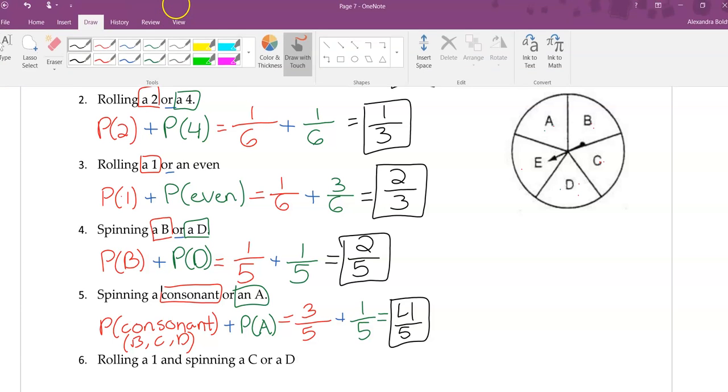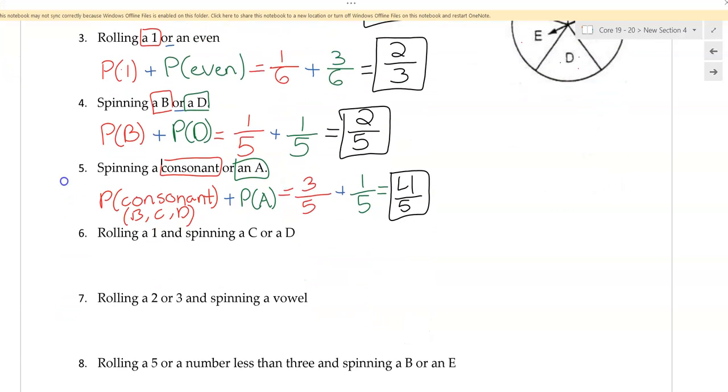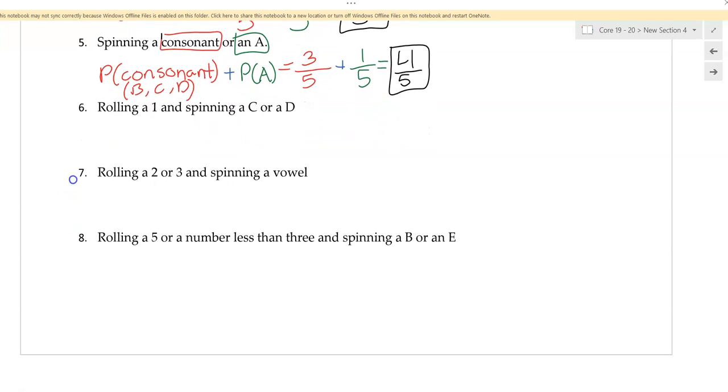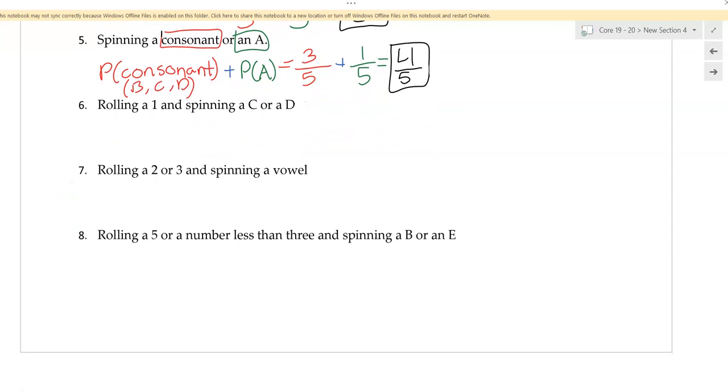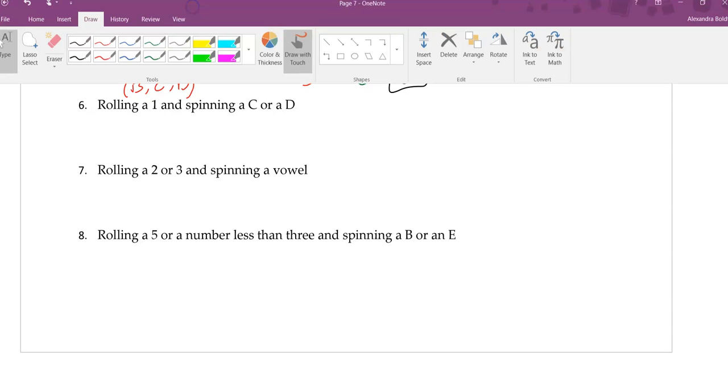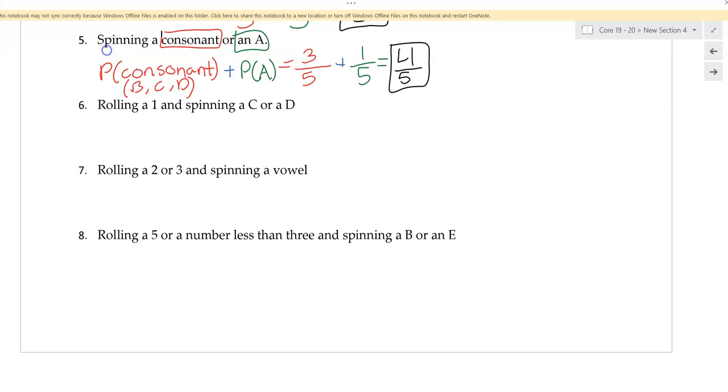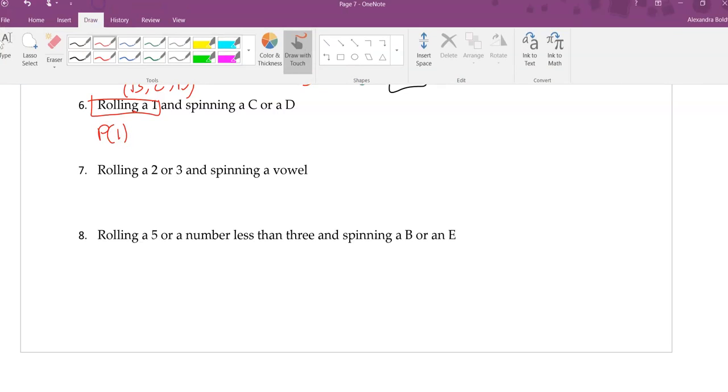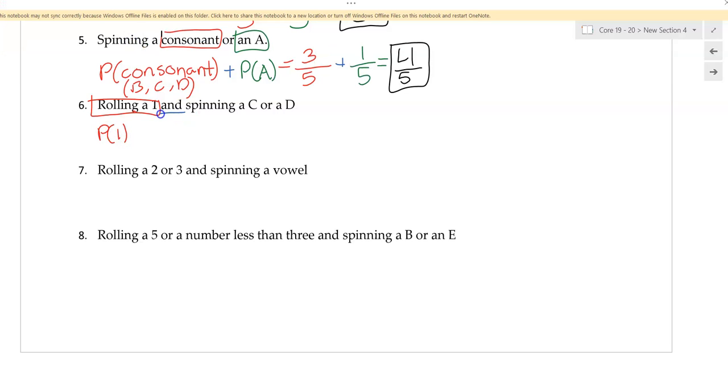All right, number 6 is a little bit different. Or sorry, 6, 7, and 8. Rolling a 1 and spinning a C or a D. So, rolling a 1. So the probability of 1. And tells us to multiply, right?